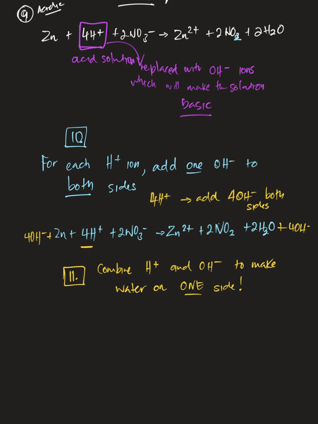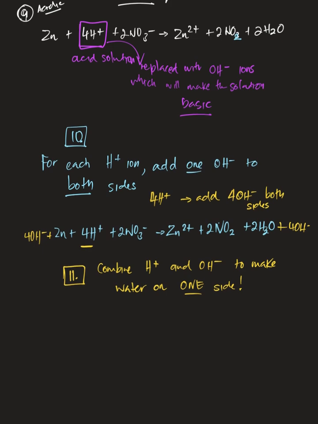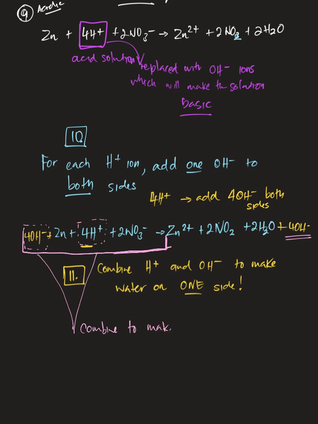If I look at the side that's involved now, it's the reactant side over here. On this side, I've got 4OH minus and 4H plus, but on the other side, I've got 4OH minus but no H plus. So what's going to happen is these two are going to come down here, and they are going to combine to make water.